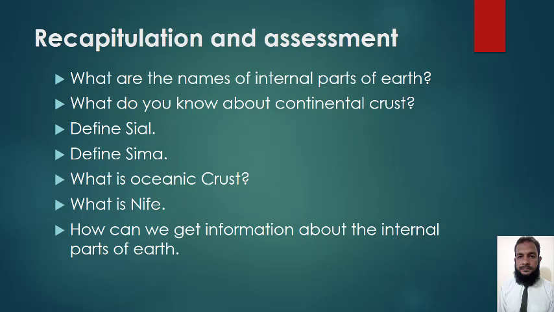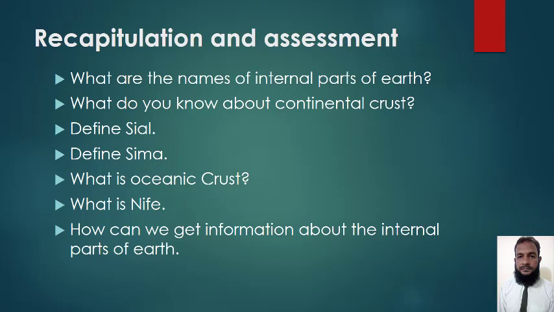What is knife? Internal core of earth is made of two minerals, nickel and iron. And the chemical name of iron is ferrous. So this name is derived from the initial two letters of nickel and ferrous.